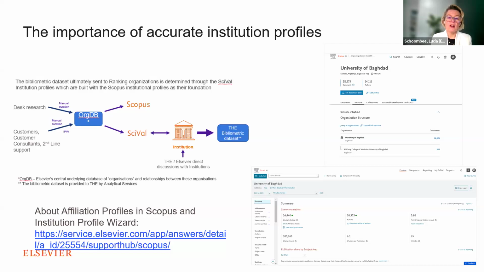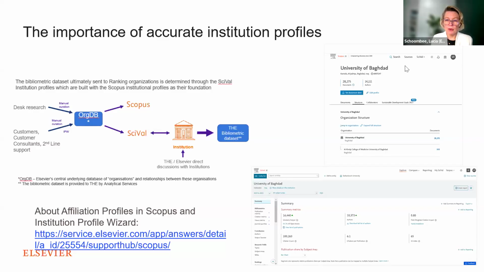So the raw data of these profiles is curated within Scopus, but it is also used to create the SciVal profile of the institution. So also look at the SciVal profile of the institution, specifically for Times Education, which uses the SciVal organizational profile.